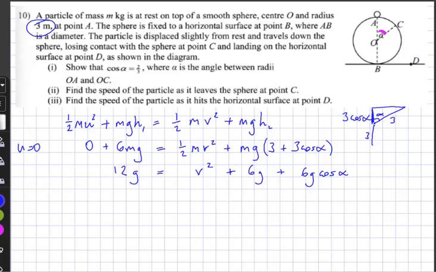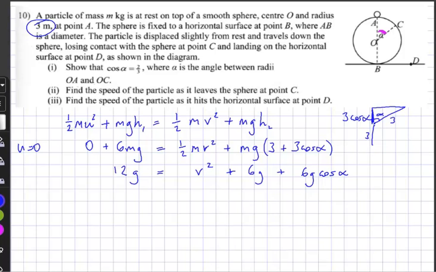If I double everything and divide by m, I get 12g is equal to v squared plus, and if I open up the brackets as well, 6 lots of mg and 6 cos alpha lots of mg. I'm dividing by m, so it's 6 lots of g and 6 cos alpha lots of g.